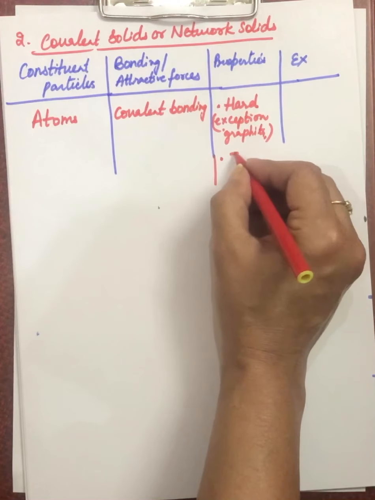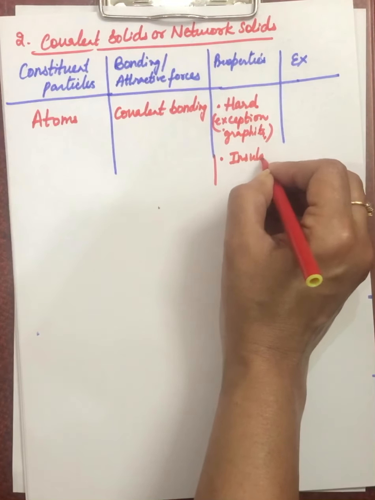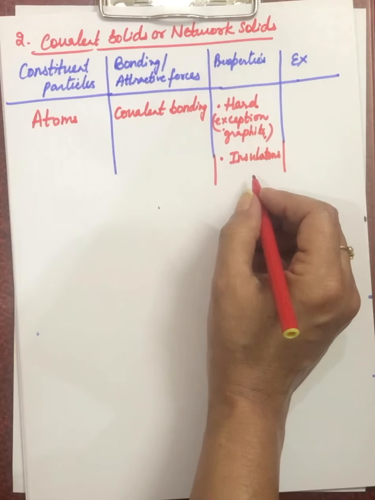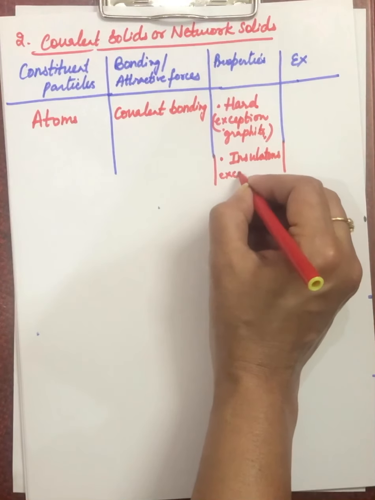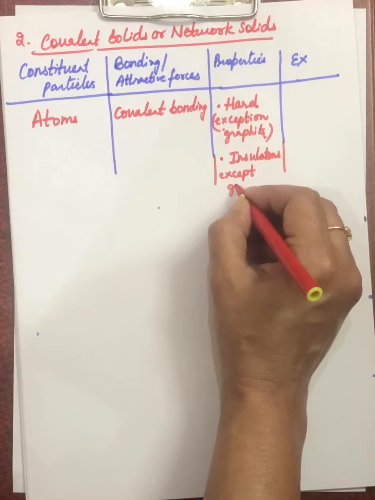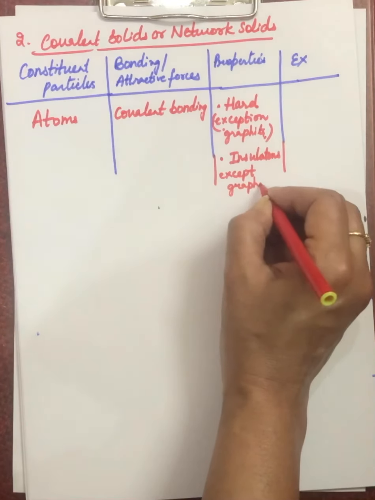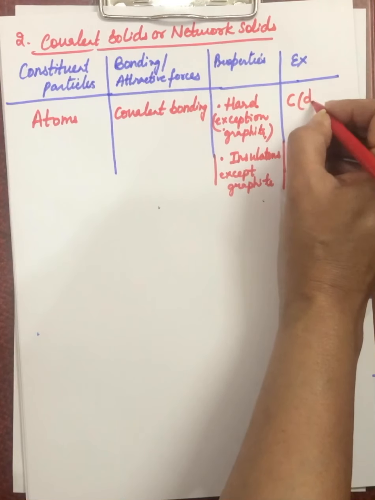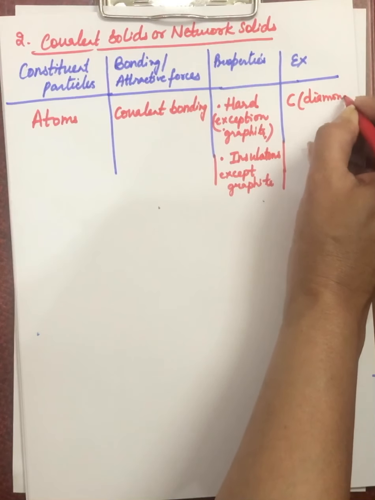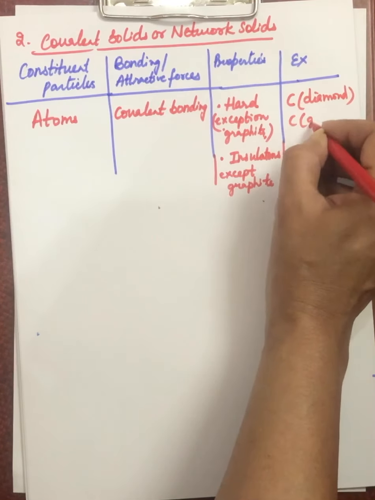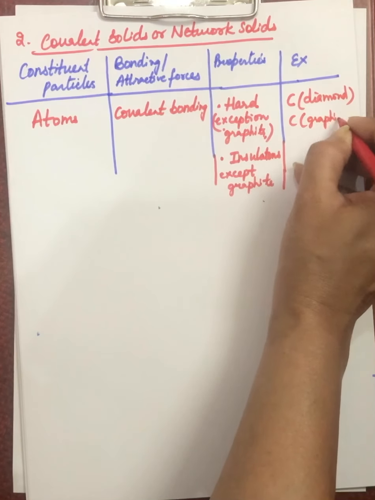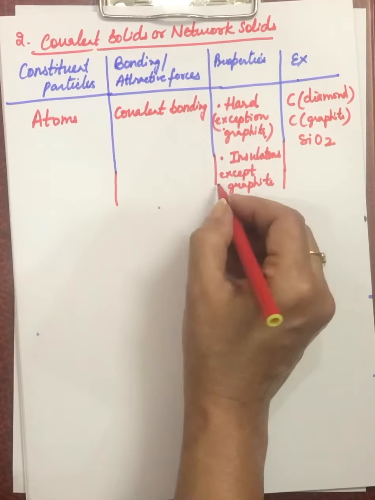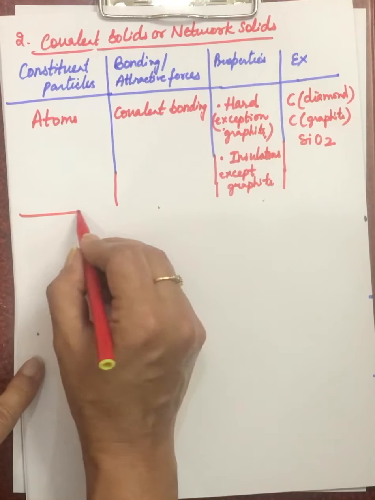Then insulators, there are no free electrons or ions in these, so that is why these are insulators, except graphite which has free electrons. Example is carbon as diamond or as graphite, and SiO2. So this is covalent solids.